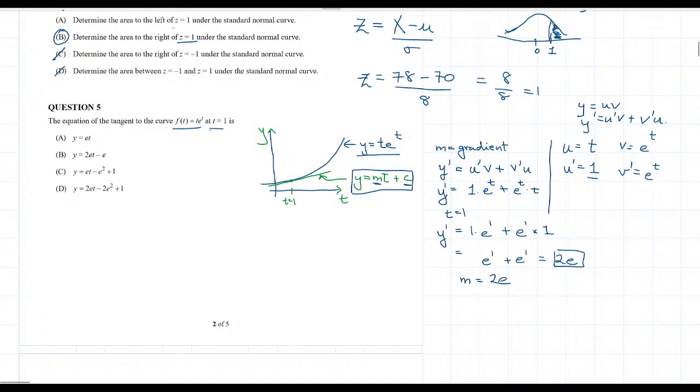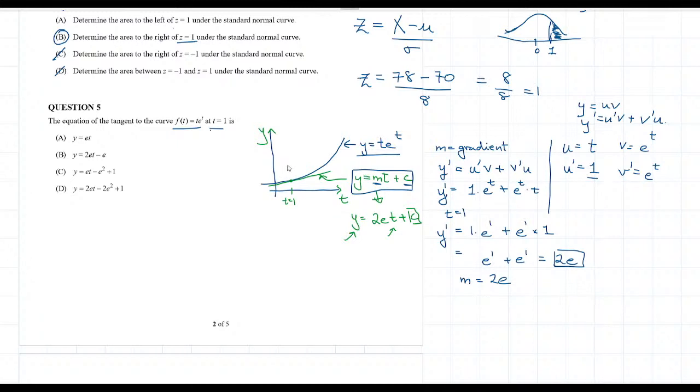We can write the next version of this, which is y equals 2et plus c. Now we still need to find the c, and to do that we need to sub in values of y and t from one coordinate. We already have this point.